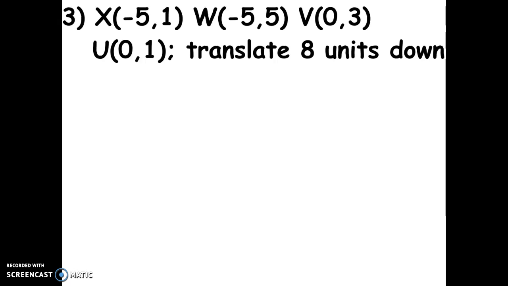All right, and our last one, again, we're translating 8 units down. So we already know that that is y minus 8.